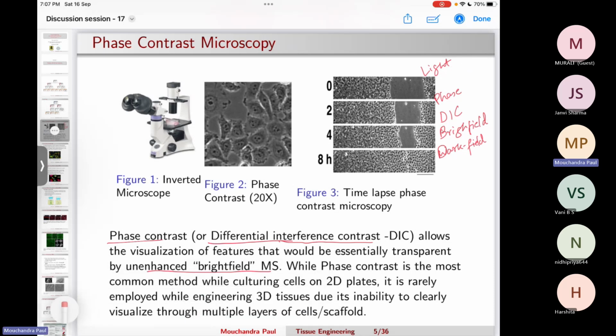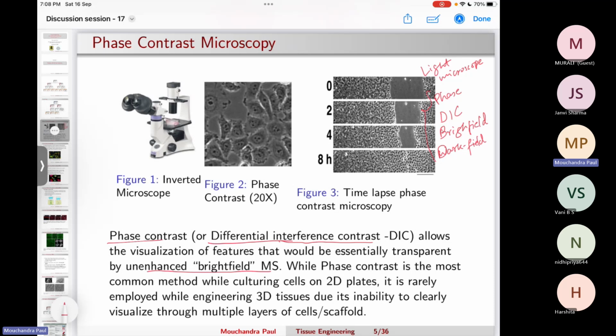Now advanced microscopes that are coming in the market today, you can do all the 3-4 types of microscopy in one machine. Like in phase contrast, it helps you to see those cell features that are completely transparent and not visible under a large amount of light.